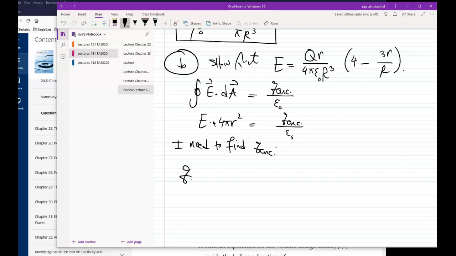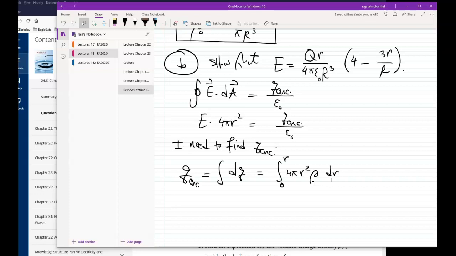So in this case, the enclosed charge is going to be exactly the same expression that I have written above. I hope you've been taking notes. That's equal to the integral from 0 to small r, the radius of the Gaussian surface, of 4 pi r squared rho dr, where this rho is what's being given to us, the non-uniform one, not constant rho.